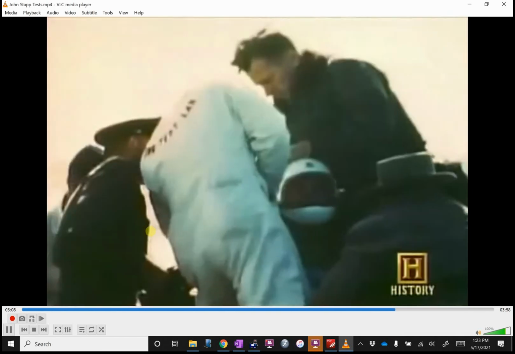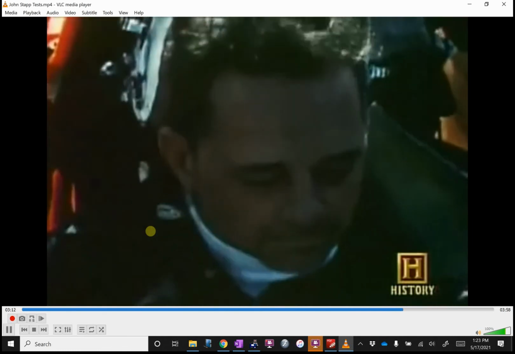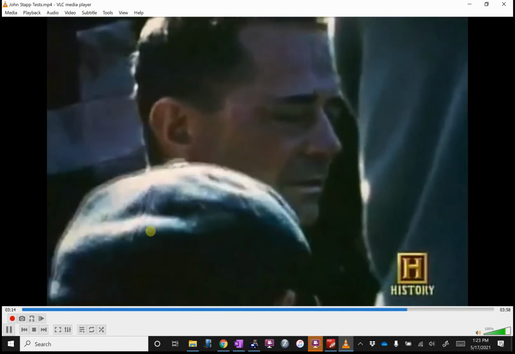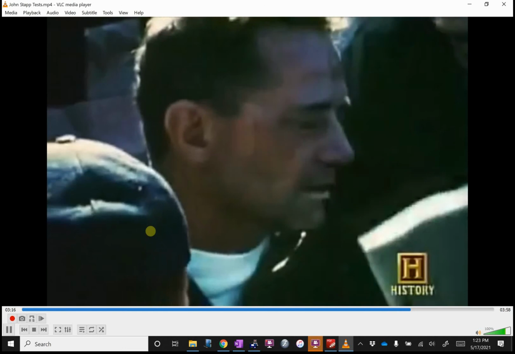And he stopped very, very short. Just a matter of a second or less. Stapp's record-breaking run made him the fastest man on Earth. He endured a massive 43 Gs during the deceleration, the equivalent of smashing into a wall at 70 miles per hour.